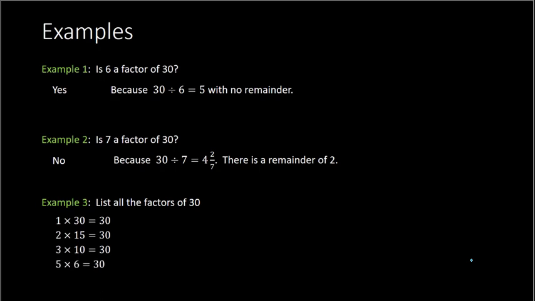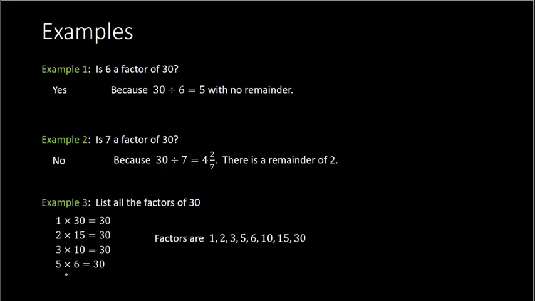I could also do 5 times 6. All of those would equal 30. So if I look at each of these numbers that we multiplied by, the 1, 2, 3, 5, 6, 10, 15, and 30, all of those would be factors of 30, because those are numbers that are used to multiply to get to 30.